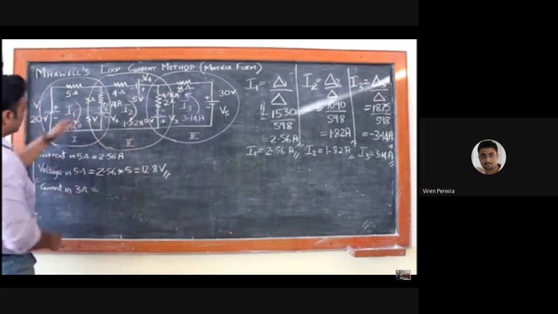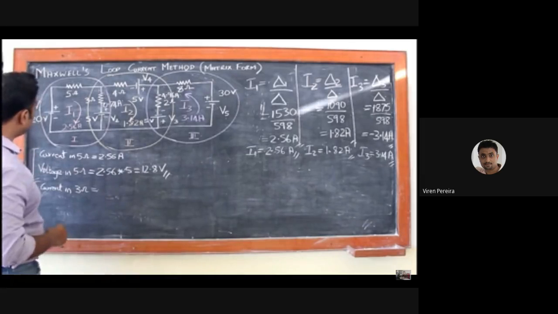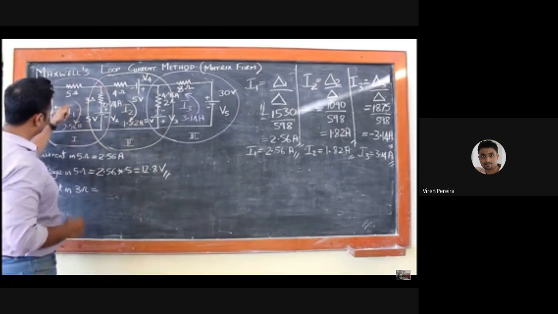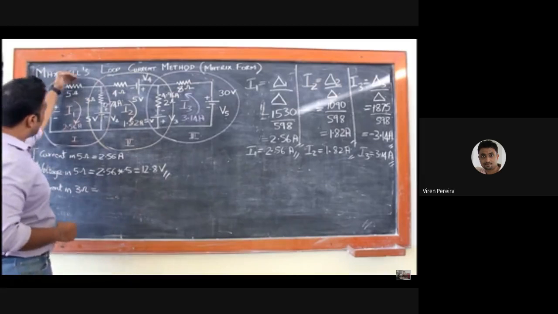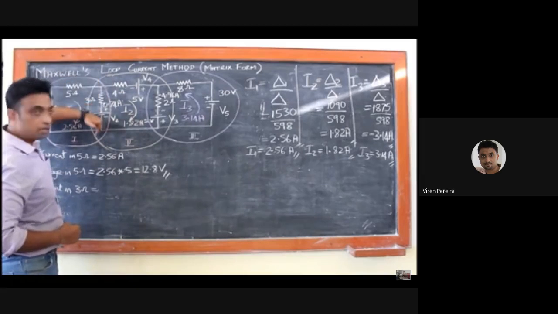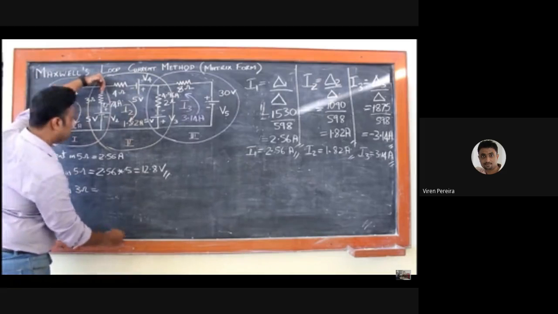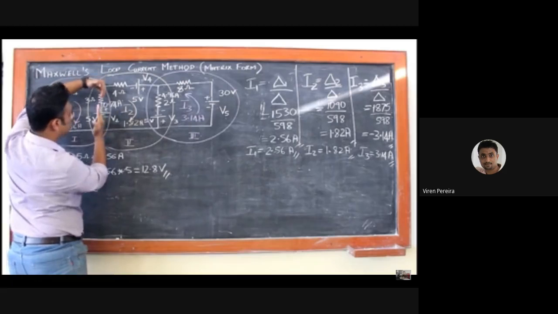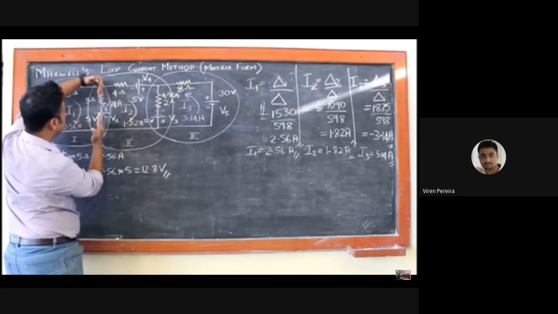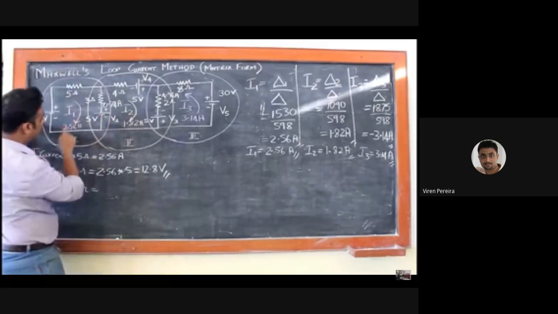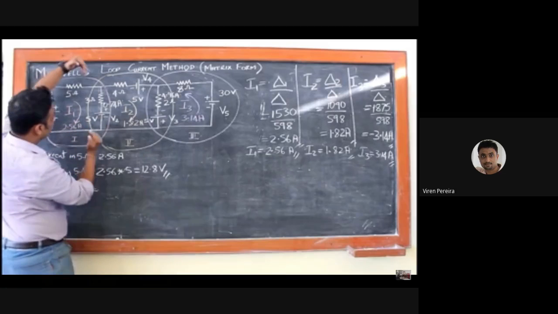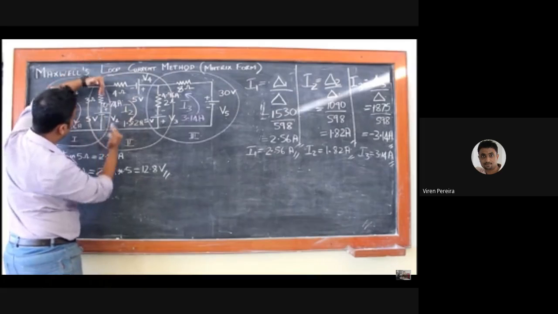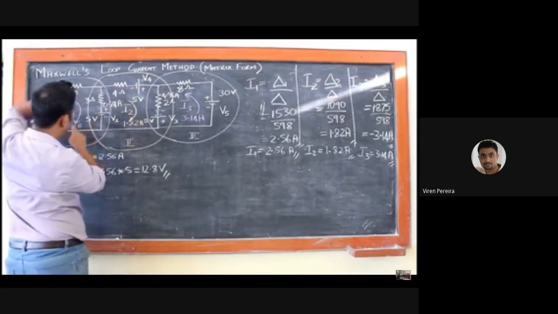So, now the current in the 3 ohms resistor. Now as we see, we have I1 here. So I1 is flowing in the 3 ohms resistor. Look at the direction, it is clockwise in nature. So I1 is flowing from top to down. And if you see, I2 is flowing from down to top. So we have I1 and I2, both in opposite directions. So which is higher, I1 or I2? Obviously I1, so 2.56. So it will be I1 minus I2. The effective direction will depend upon which is greater.